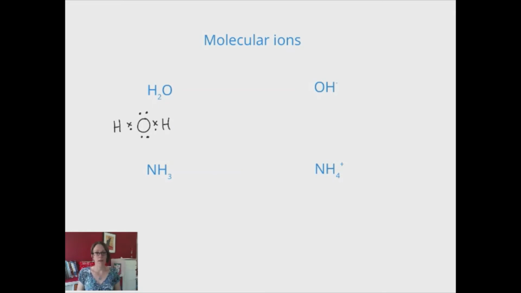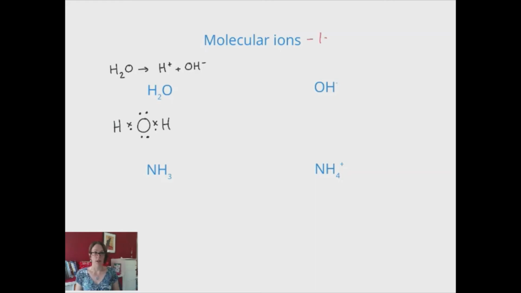So water, we're drawing it just as we normally would. It's H2O, single bonds to the hydrogens, but we know that water can split up. You also would have covered this if you did electrolysis at GCSE, that water contains hydrogen ions because it splits into hydrogen and hydroxide.